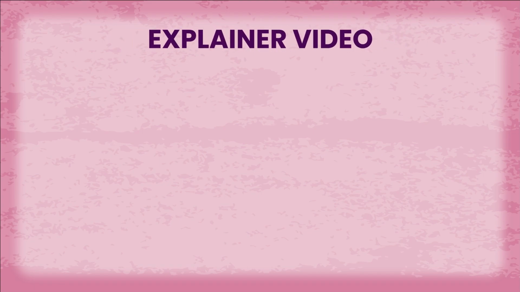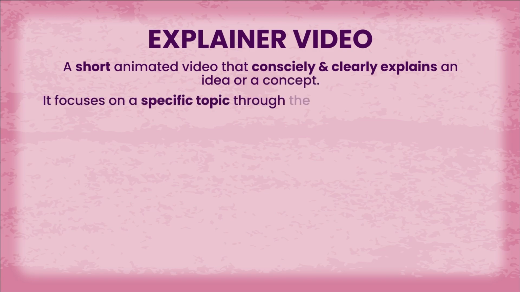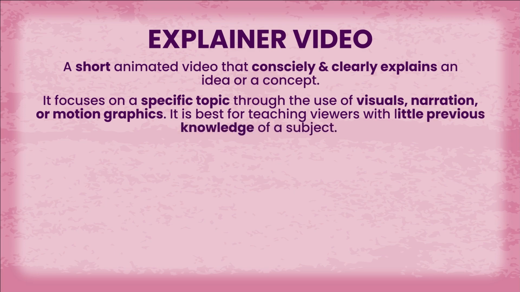Lastly, the definition of explainer video. Explainer video is a short animated video that concisely and clearly explains an idea or a concept. It focuses on a specific topic through the use of visuals, narrations, or motion graphics. It is best for teaching viewers with little previous knowledge of a subject. The subject brought in the video is not connected to other topics.